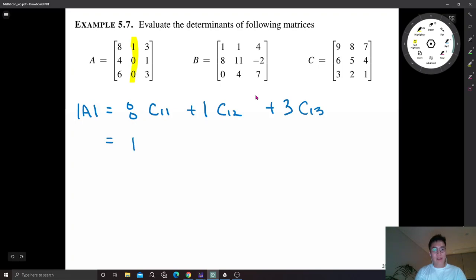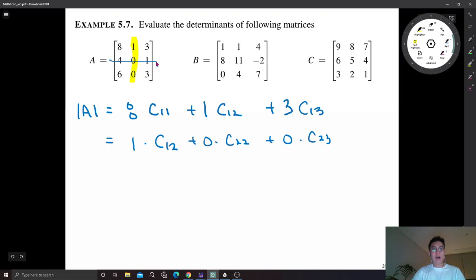So 1 times C sub 1, 2, as 1's associated cofactor is C sub 1, 2, and 0 times C sub 2, 2, and 0 times C sub 2, 3. The first 0 is the 0 in the middle, the entry in the second row and second column, so the corresponding cofactor is C sub 2, 2.